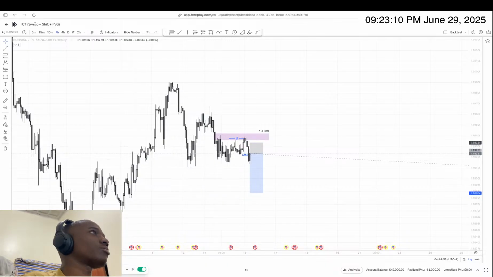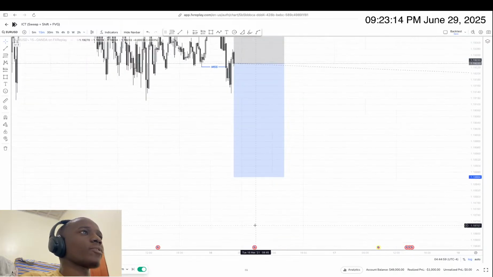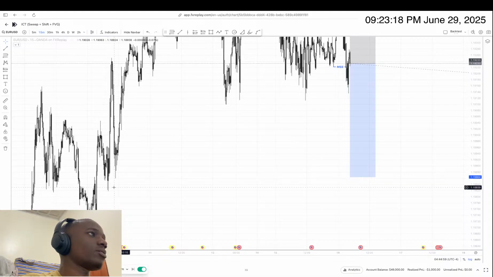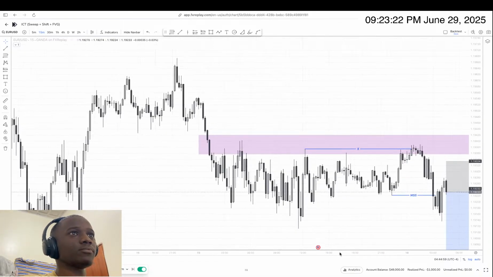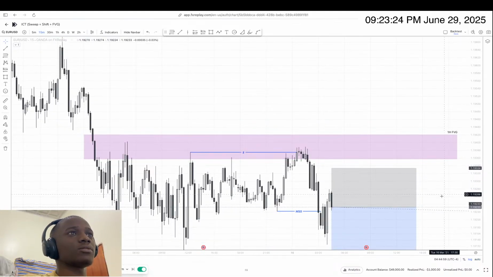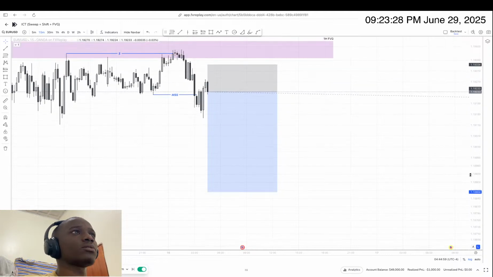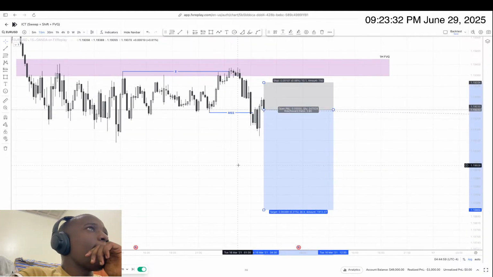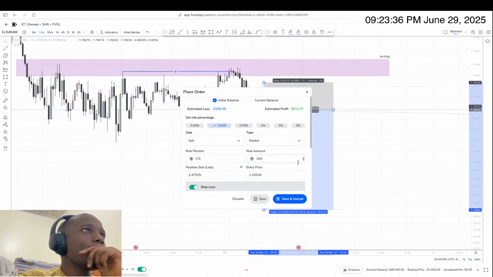So that's the reason my stop will be adjusted near the fair value gap, and the take profit somewhere near this other block. So let's see how this entry goes. That's just 0.30.